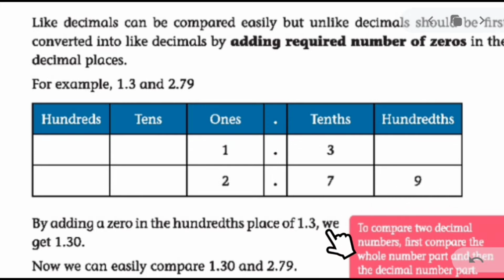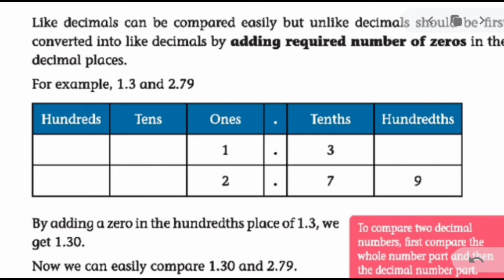But first we should convert them into like decimals. How do we convert? We just add a 0. By adding a 0 in the hundredths place, 1.3 becomes 1.30.